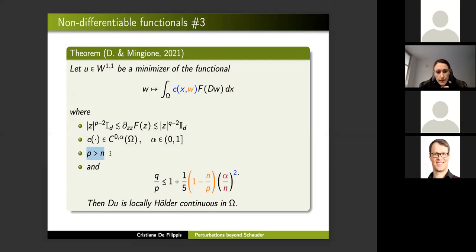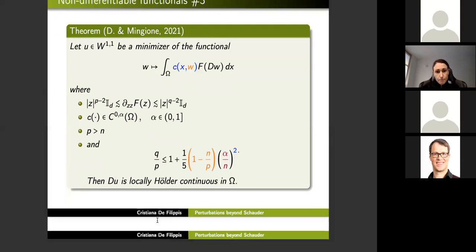We need to assume p larger than n, and again, another constraint that accounts for the presence of the coefficient squared, as C is multiplying the highest order term. Here we account also for the fact that p is larger than n, which comes from the fact that here we have a dependence on u. And in this framework, we can prove the continuity of the gradient.